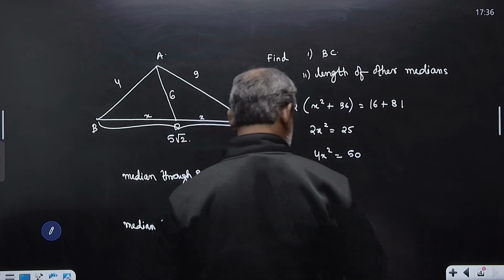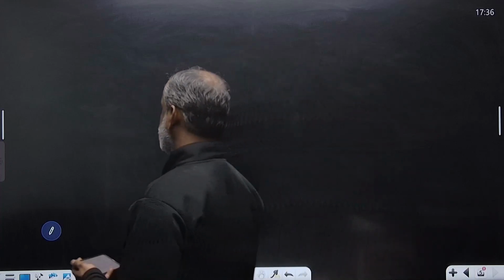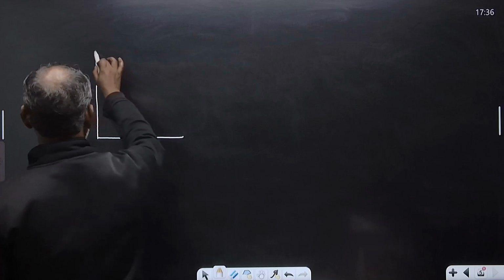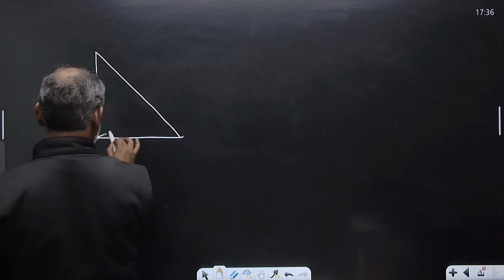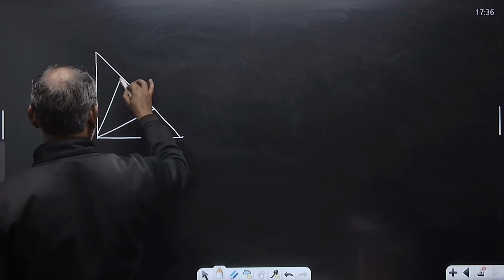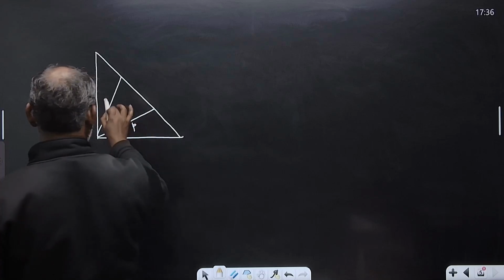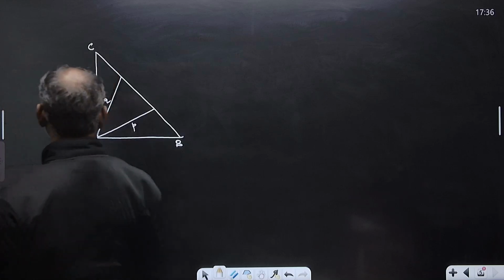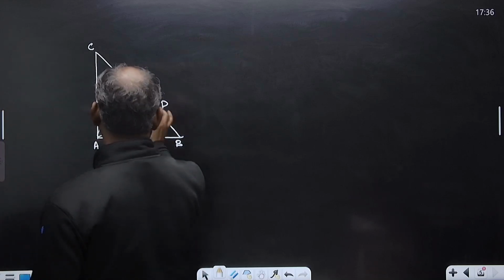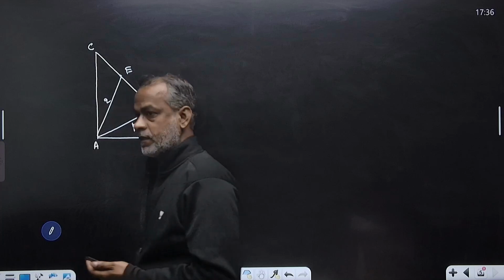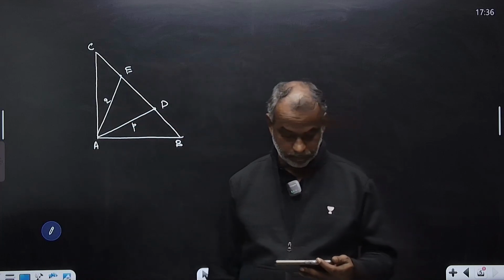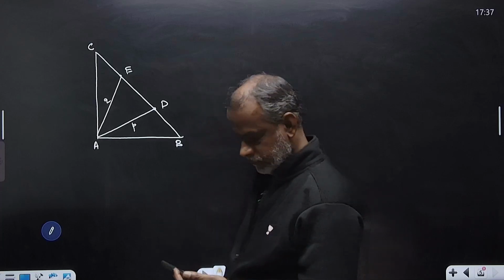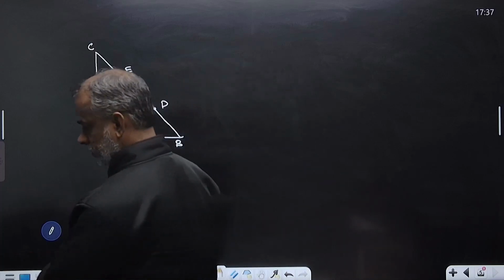Now, suppose somebody asks you a problem like this. Okay. In a right angle triangle, D and E trisect the hypotenuse. Okay.